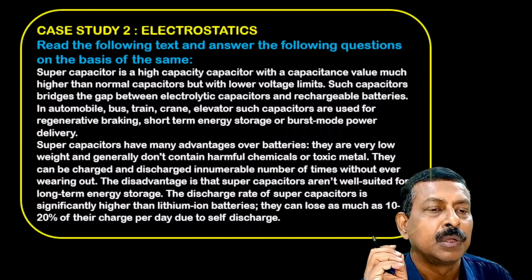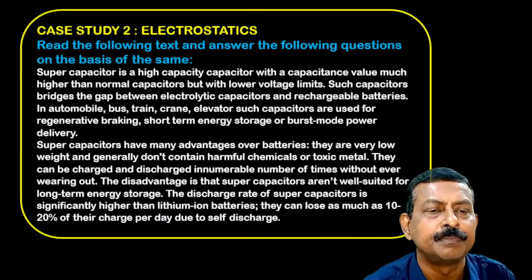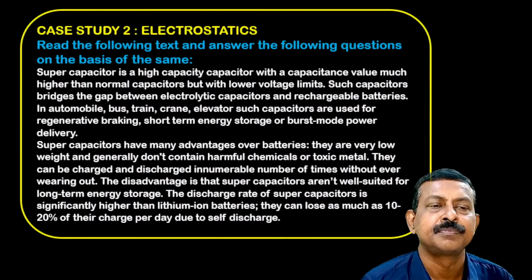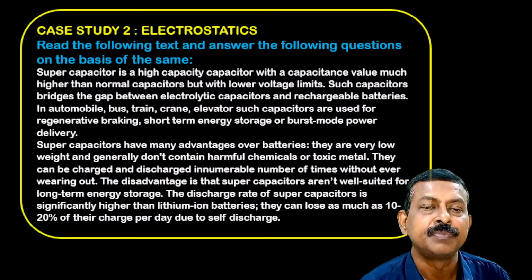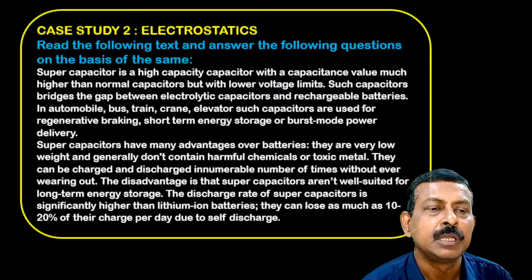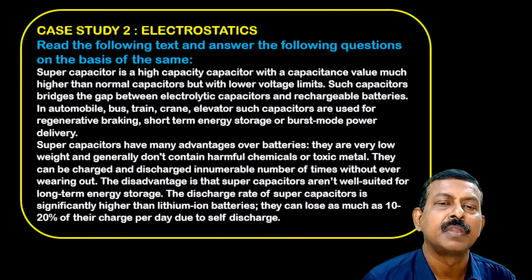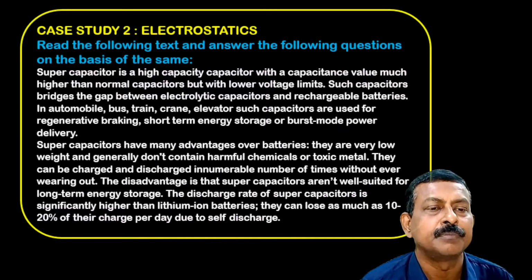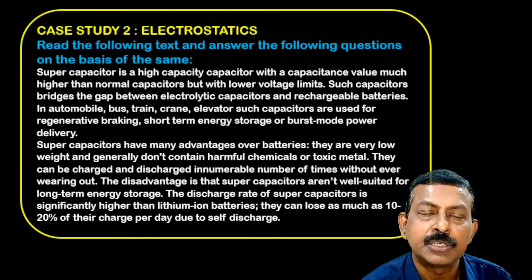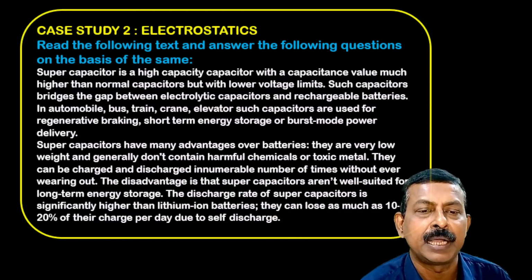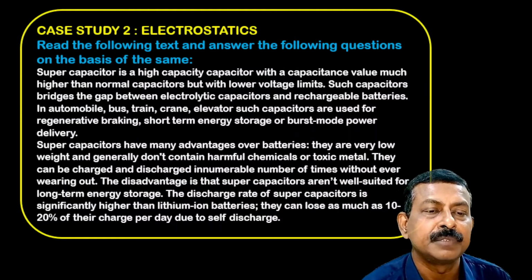They are low weight and generally do not contain harmful chemicals or toxic material. These can be charged and discharged innumerable number of times without wearing out. The disadvantage of a supercapacitor is that it is not well suited for long-term energy storage. The discharge rate of a supercapacitor is significantly higher than that of a lithium-ion battery. They can lose as much as 20% of their charge per day due to self-discharge.